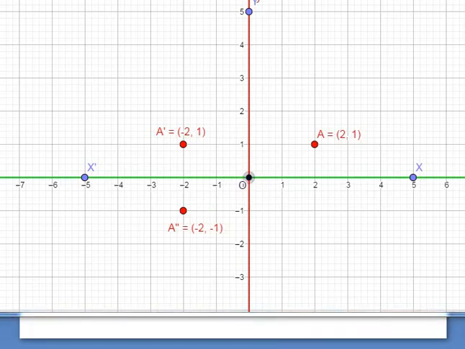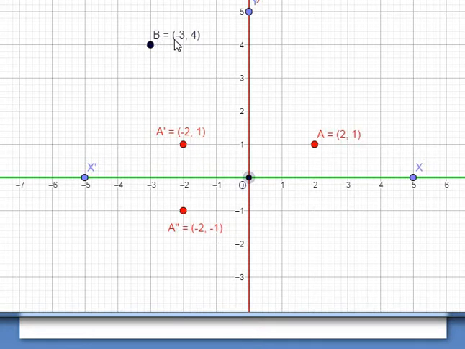Let us consider another combination of two transformations. This is the object point B(-3, 4), and when it is rotated about the origin through plus 90 degrees, we get the image B prime. Again the image thus obtained is reflected about the x-axis, and then we get another point, B double prime.